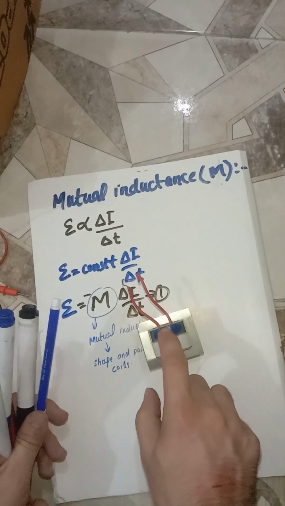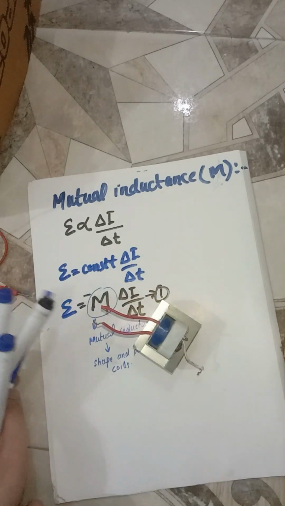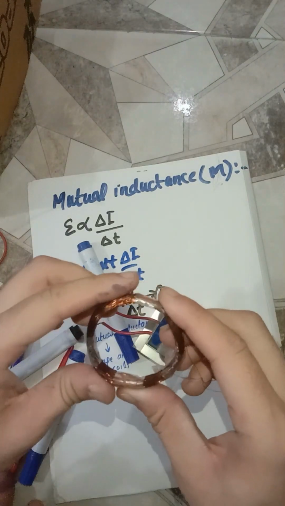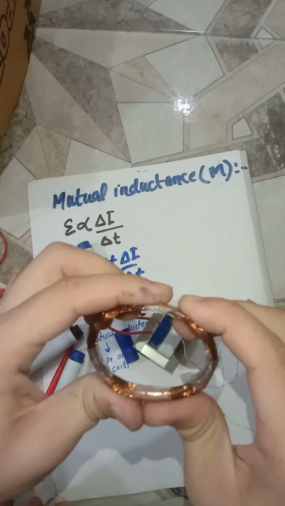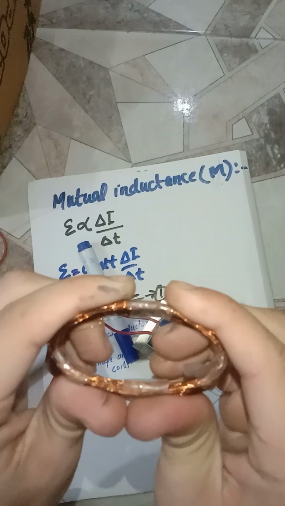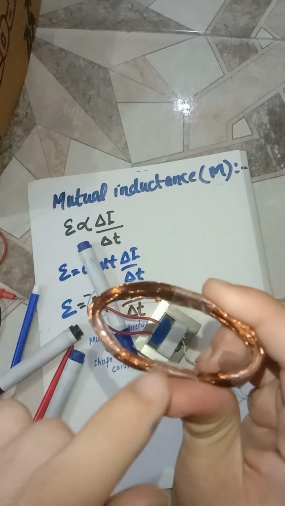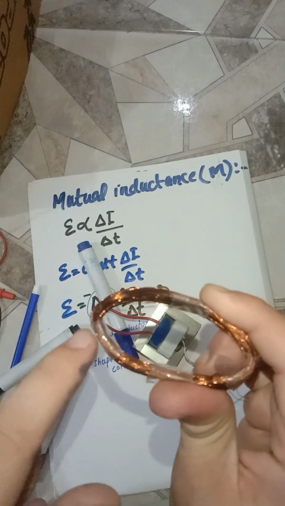The shape of the coil: different coils will have different mutual inductance, and if we change their shape, it will have a different mutual inductance.